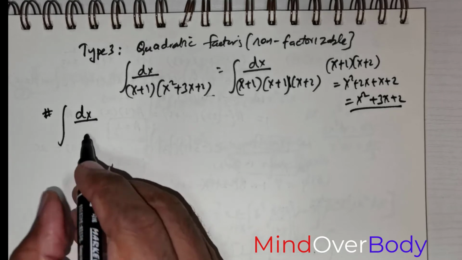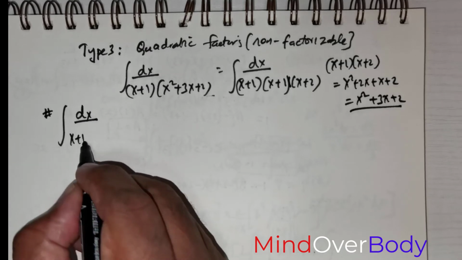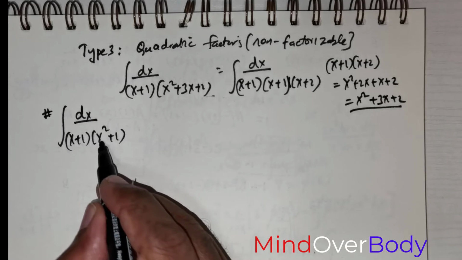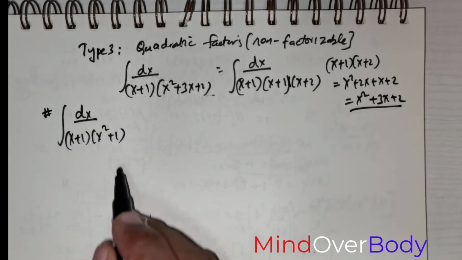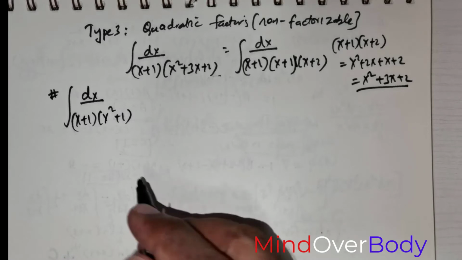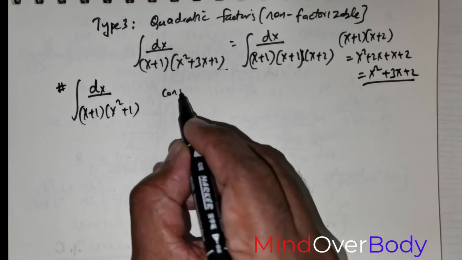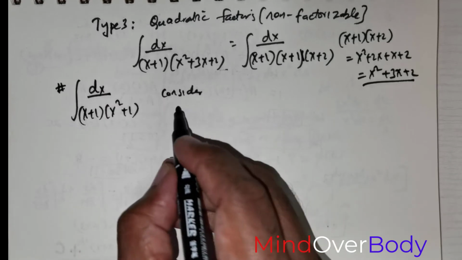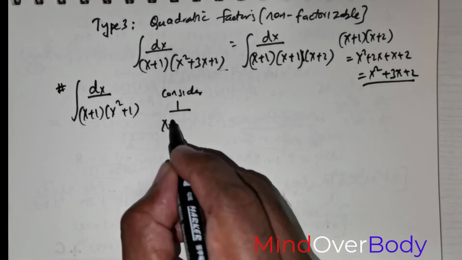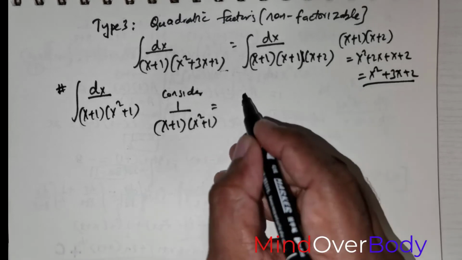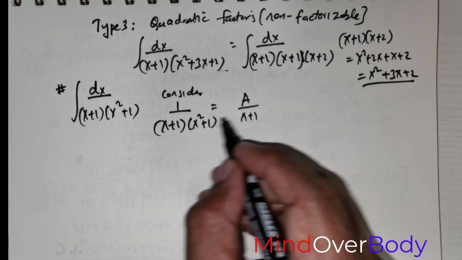We've been given the integral dx over x plus 1 times x squared plus 1, and clearly this is a quadratic, but it isn't factorizable. So in cases like that, we will have to consider the partial fraction of type 3. I take the integrand 1 over x plus 1 times x squared plus 1, and I rewrite this as A over x plus 1 for the first quantity.